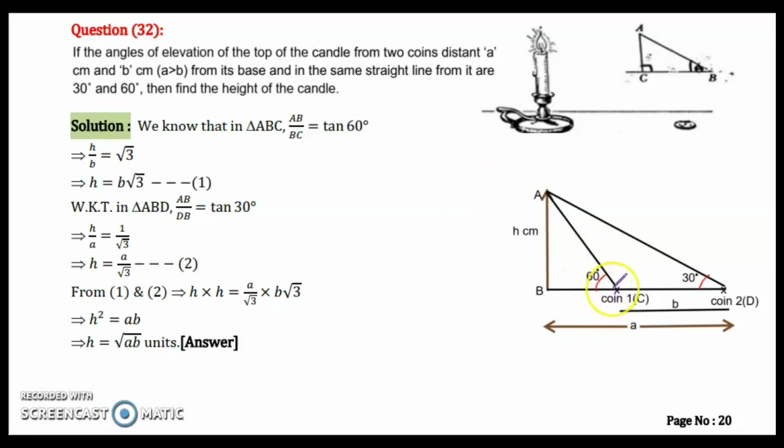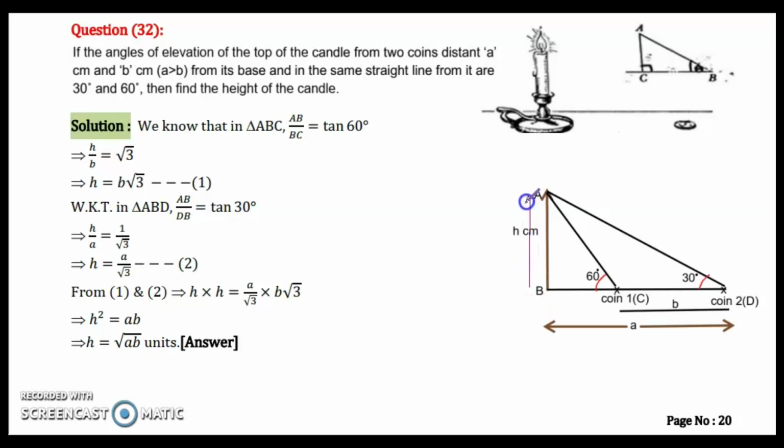See here, this is coin A and this is coin B. What is the condition given here? A is greater than B, that is the distance of A will be more than the distance of B. It is 30 degree and 60 degree. Therefore we have to find the height of the candle.